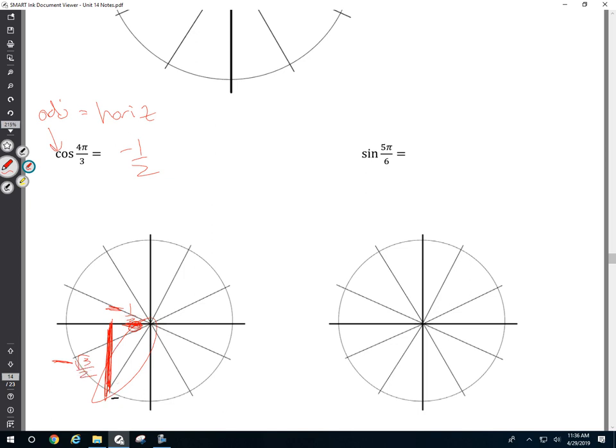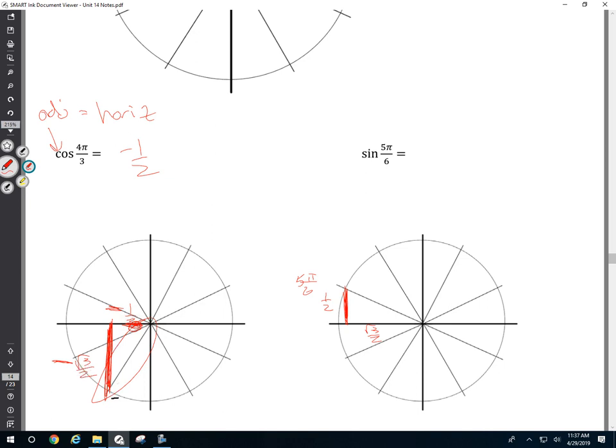The sine of 5 pi over 6. I know where 5 pi over 6 is. It's 1 pi over 6 away from 6 pi over 6. It's right here. What angle is created with a pi over 6? What angle is created with a pi over 6? 30. So if I'm thinking this is 30 degrees, I'm thinking I have a shorter 30, 60, 90 triangle, where the vertical side is the shorter side, the horizontal side is the longer side.